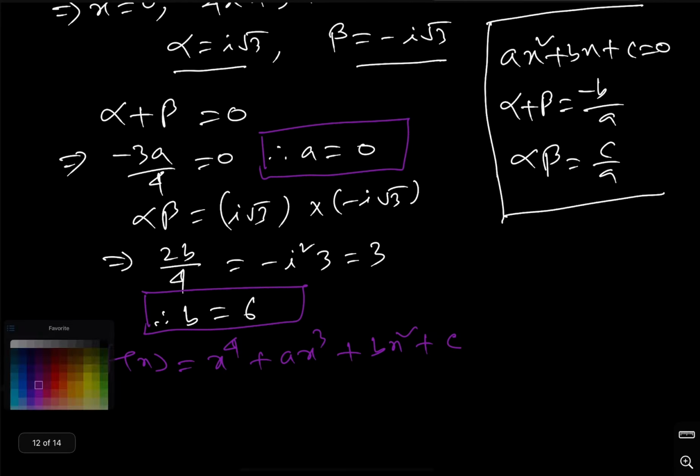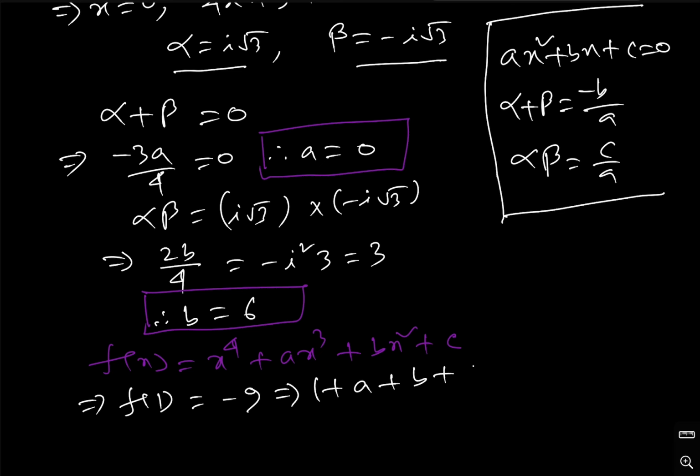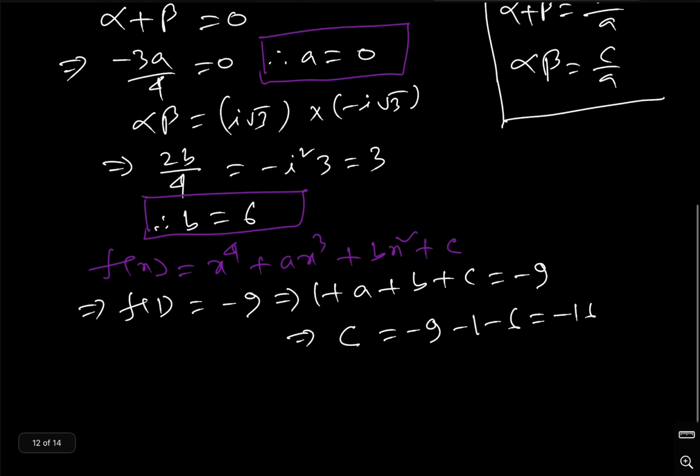Now f(1) equal to -9 means 1 + a + b + c = -9. Just put the value of a and b here. Then c will be -9 - 1 - 6, that is -16. So c equals -16.